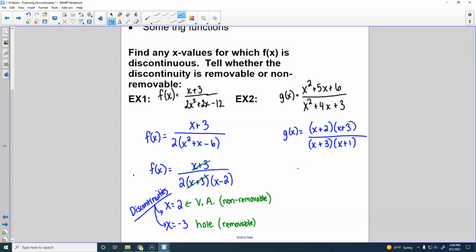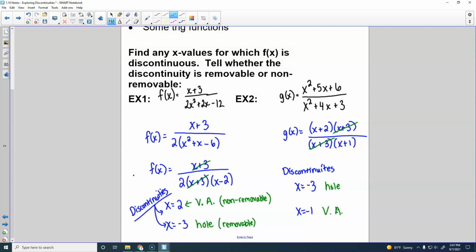Okay, so discontinuities: x equals negative 3 and x equals negative 1. Negative 3, is it a hole or vertical asymptote? It is a hole because the x plus 3's cancel. Negative 1, that one is a vertical asymptote.